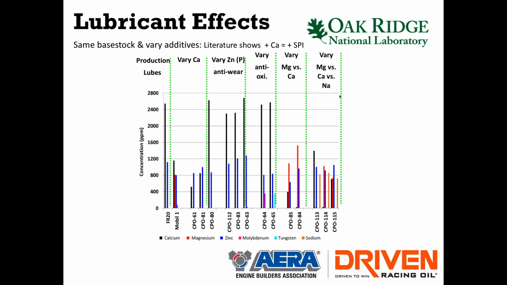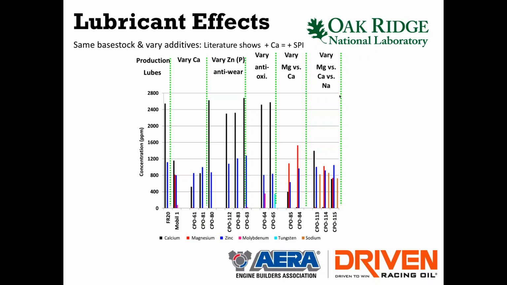The detergents tend to suspend the fuel as well. So if we go back to the previous slide, the oil that had the hard separation between the oil and the fuel also happened to have the lowest detergent concentration. And that's not surprising based on how detergents function chemically.